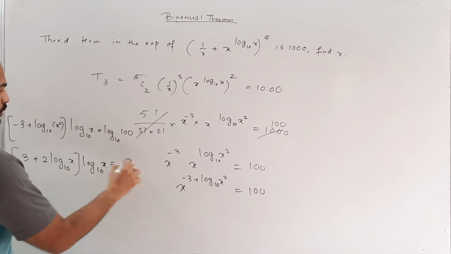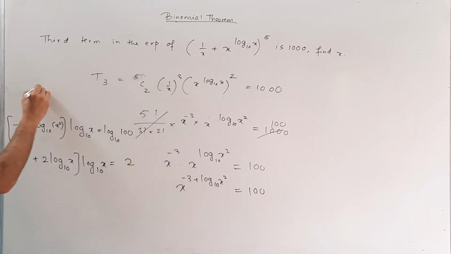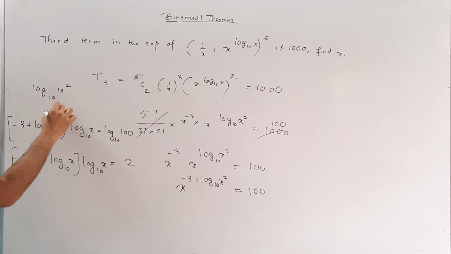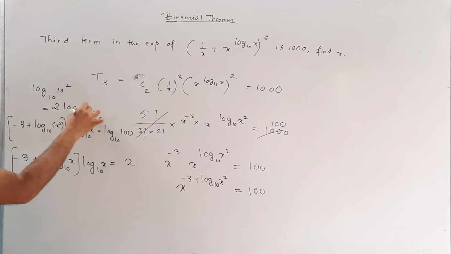And this can be written as 2, because I can write this as log of 10 raised to 2 to the base 10, which we can write further as 2 log 10 to the base 10. This is already 1 and this is 2. 2 into 1 is 2. So that's why we get 2 over here.